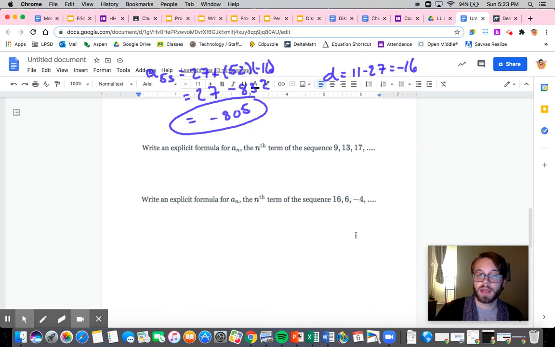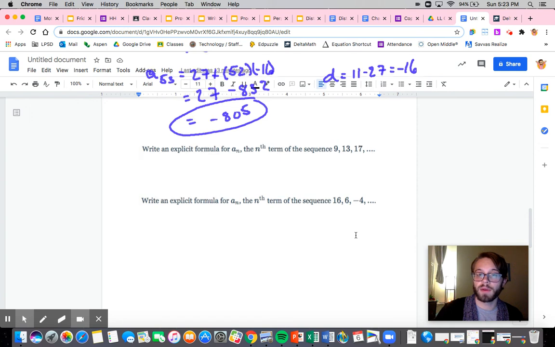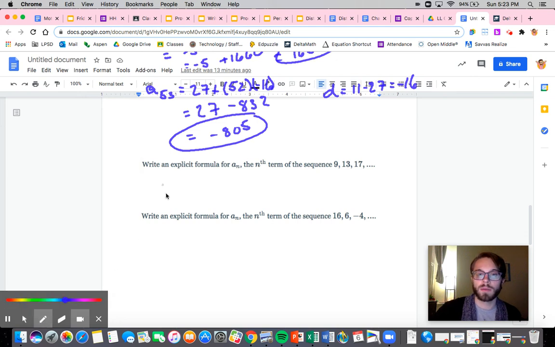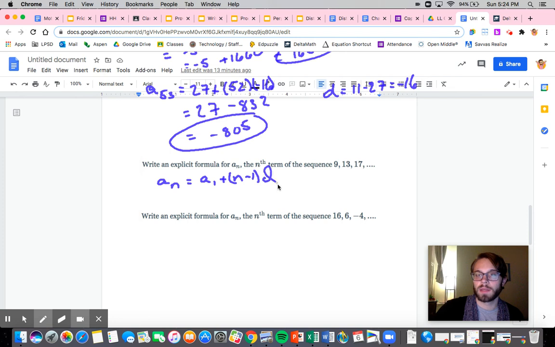Now, if you were to just try and write these in general, again, we really only need the first term, and you need to know what the difference is. So you're just going to write it as the first term plus n minus 1 times the difference. Well, what's my difference? It's 13 minus 9, which is 4. And what's my first term? 9.